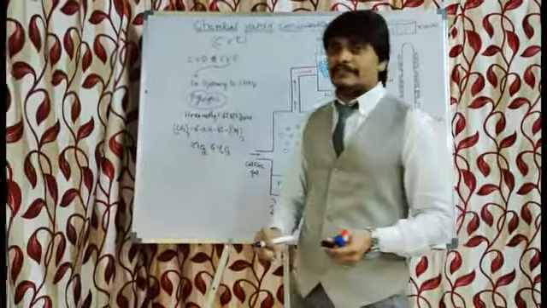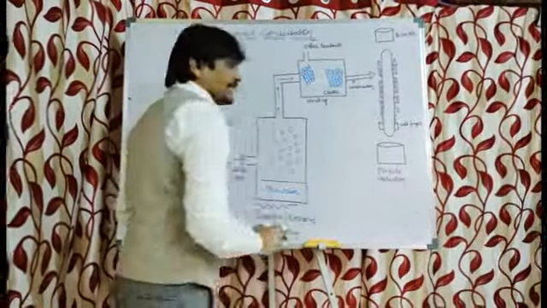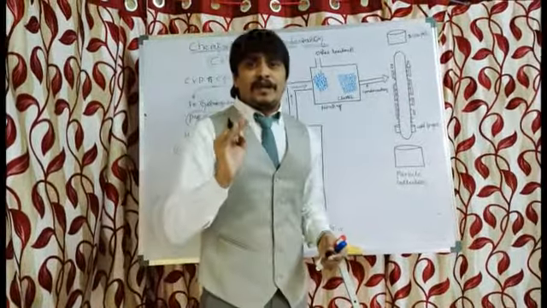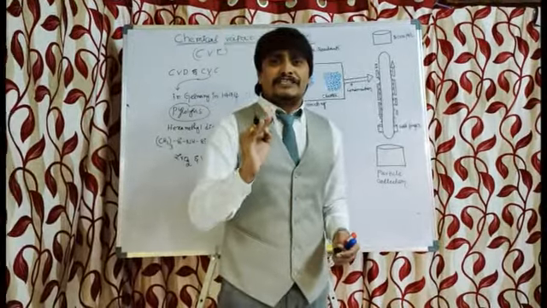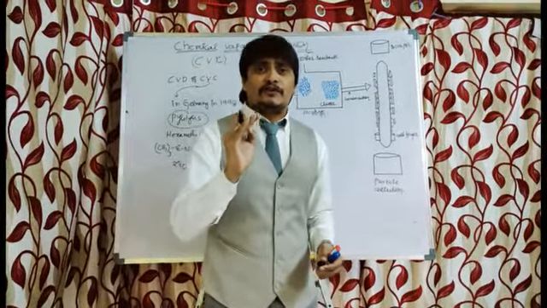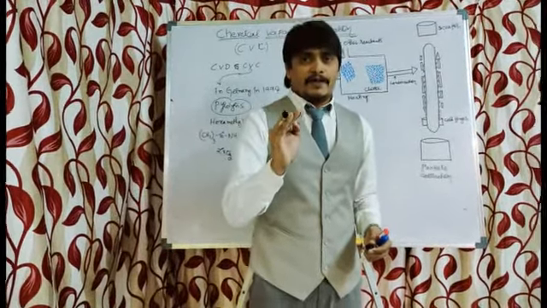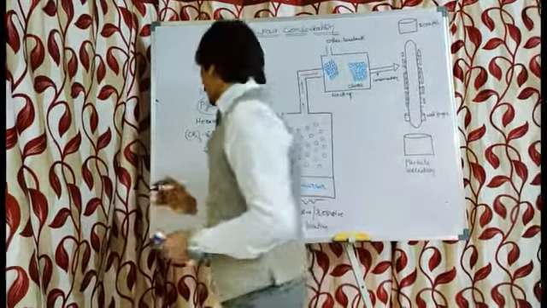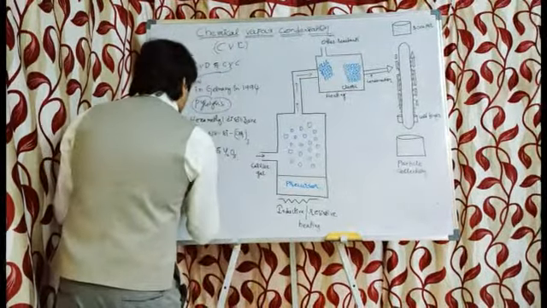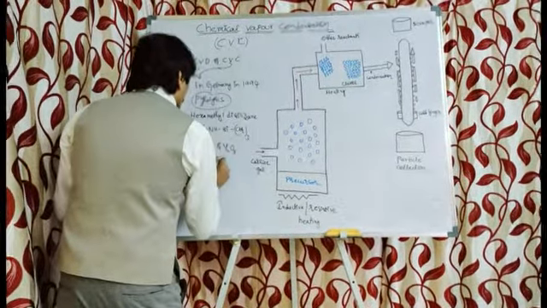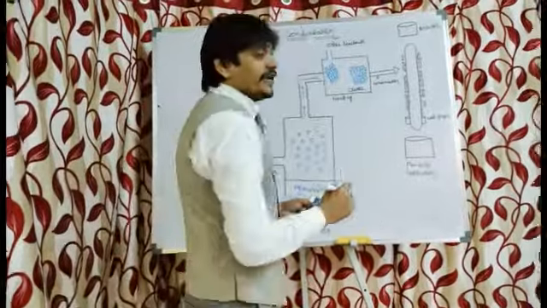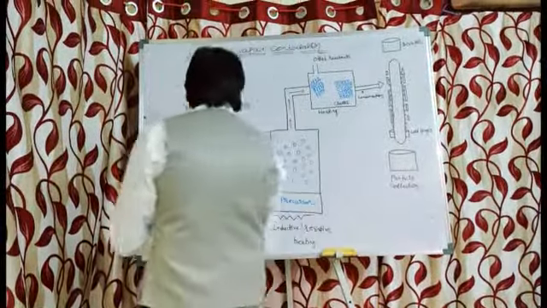Not only that, this particular chemical vapor condensation method is also useful for the preparation of the complex metal oxide, which is BaTiO3, students, which is nothing but barium titanate.